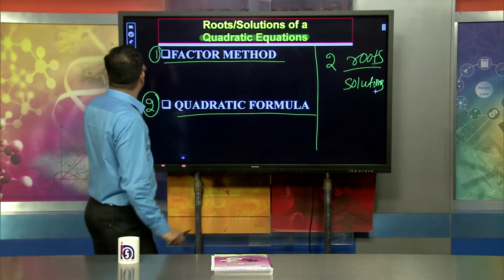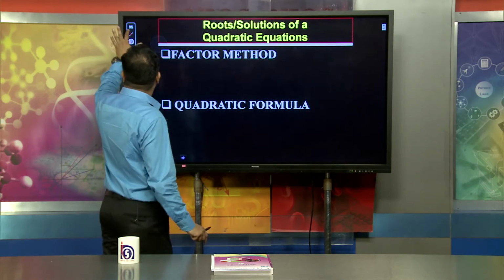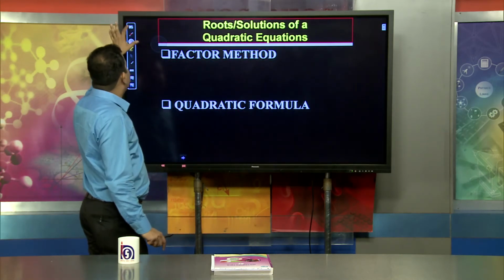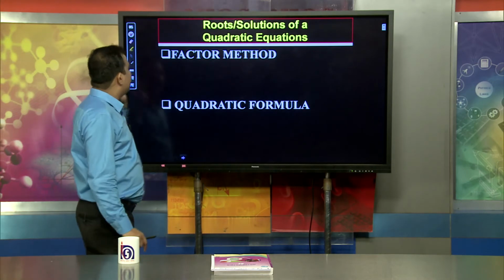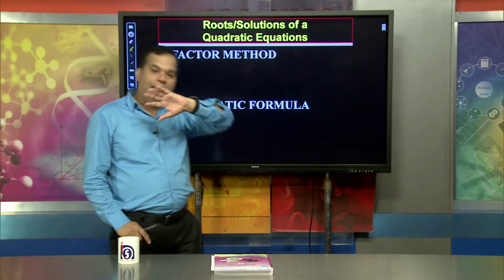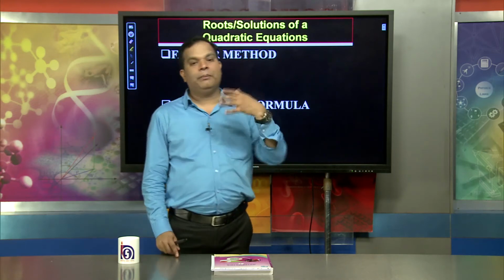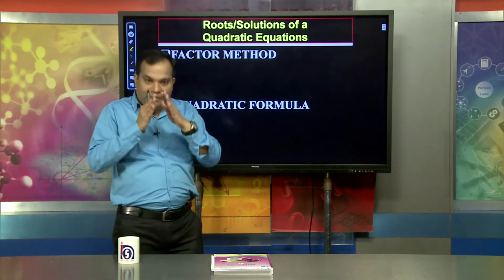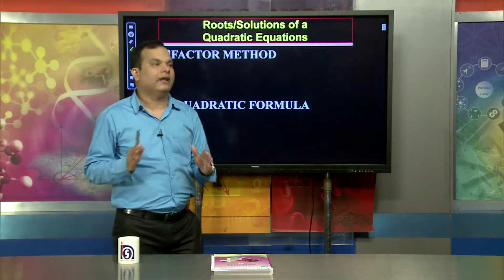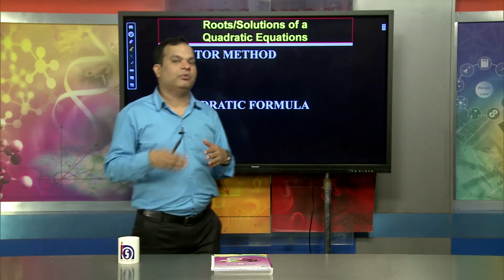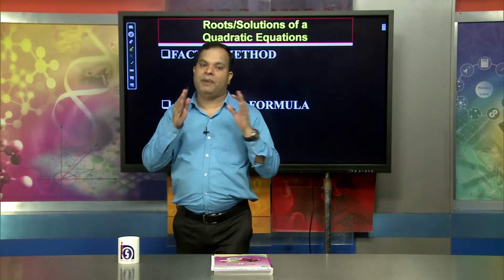Right now, dear learners, we have to discuss the factor method. When talking about the factor method, you remember we have to form factors through the middle term. We have to split the middle term. For example, suppose the middle term is 5x.